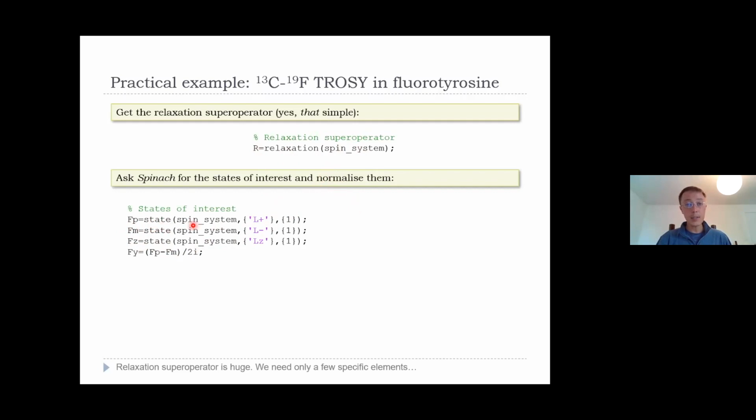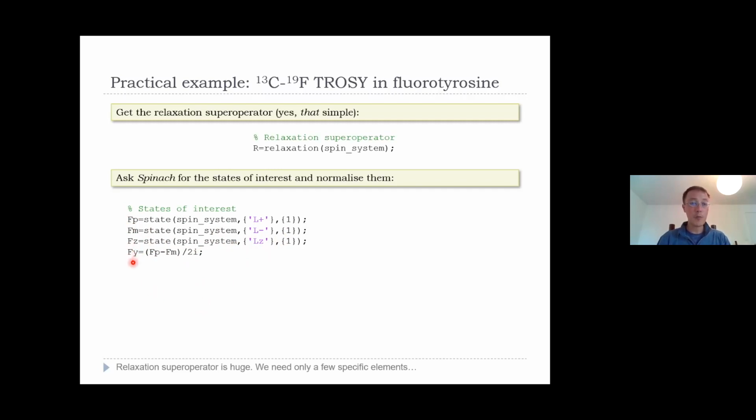Fp is a state of the spin system, L plus on the first spin. First spin is fluorine, so this is going to be F plus, the raising operator. Fm is the state of the spin system, L minus on the first spin. Fz is the state of the spin system, Lz on the first spin. And then we don't want the F plus and the F minus, we want Fx and Fy.